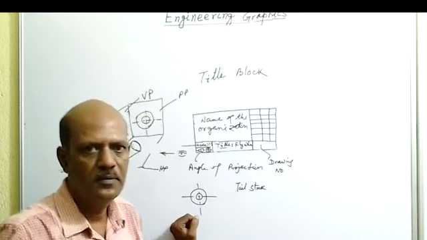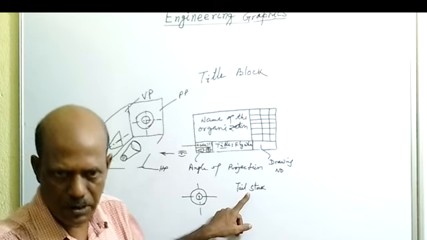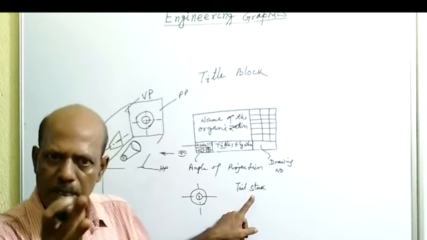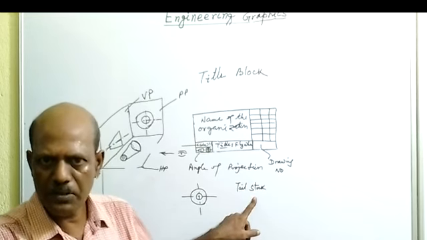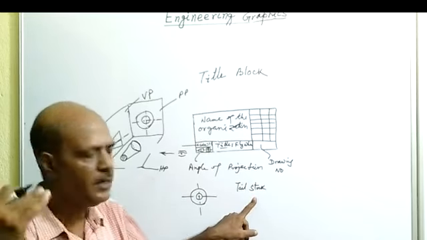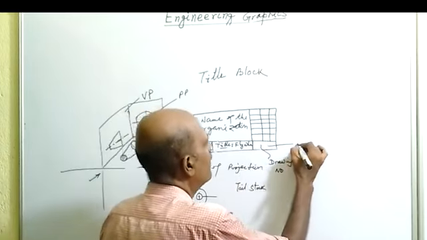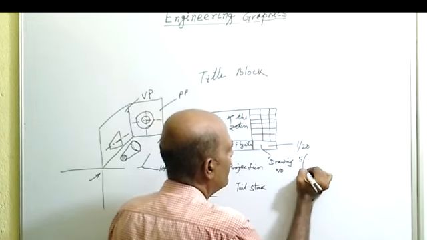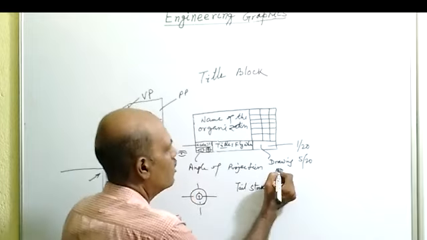Sometimes a particular component has more than one drawing. Say a tailstock has several parts, so it may have 10 drawings, 15 drawings, like this. So 15 drawing sheets. That information will be written here, say 1 by 20 or 5 by 20, in the space called drawing number.